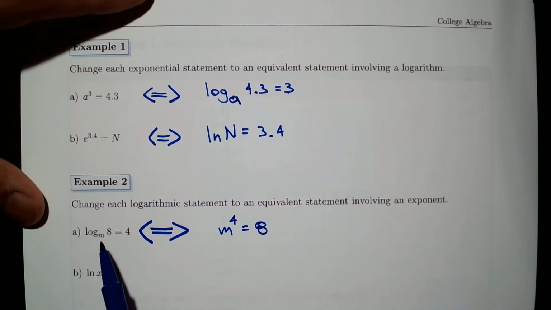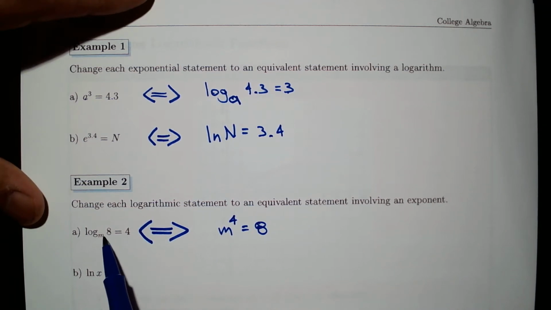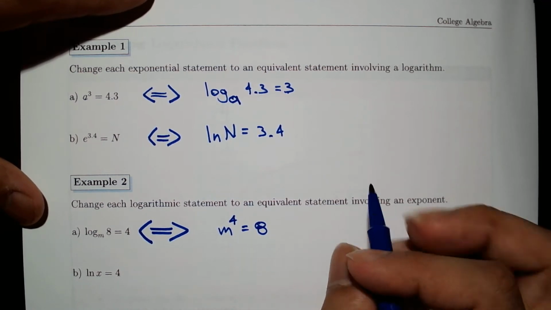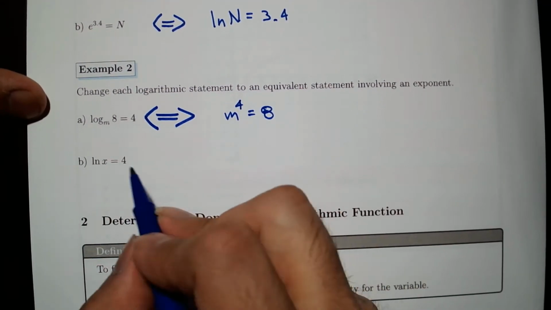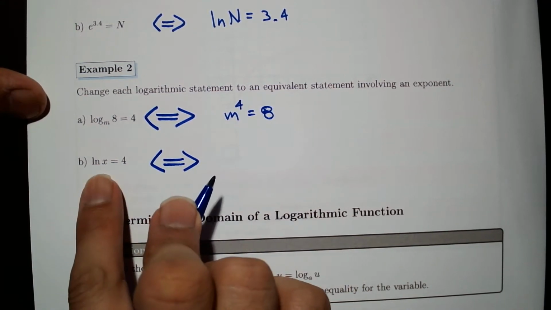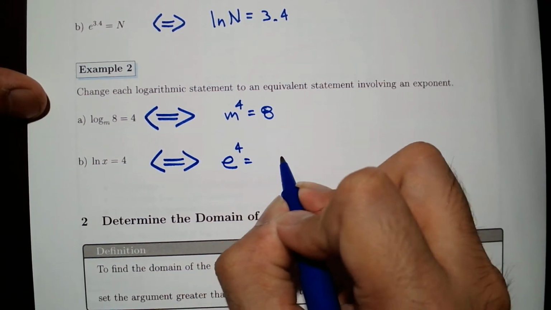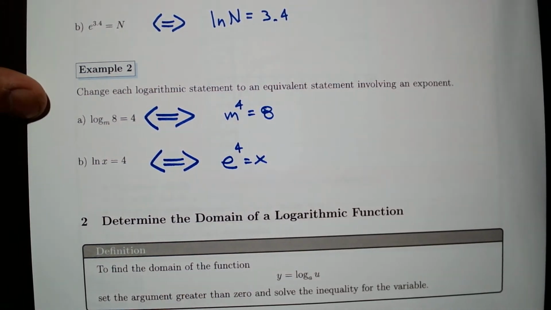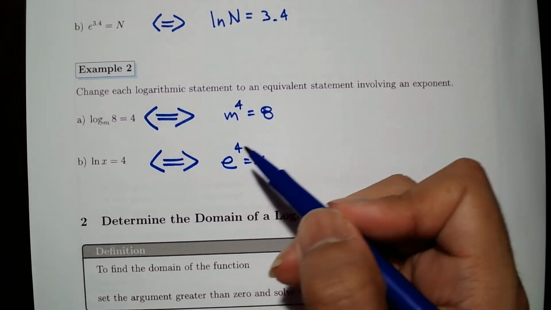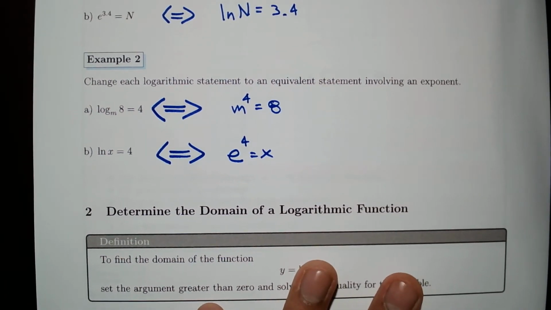Again, because the logarithm asks us what power, in this case the power 4, raises the quantity m to equal the number 8. And in this case, notice we have ln, which is log base e, so we need to write e to the 4 equals x. So that's how we write exponential form from this logarithmic form.